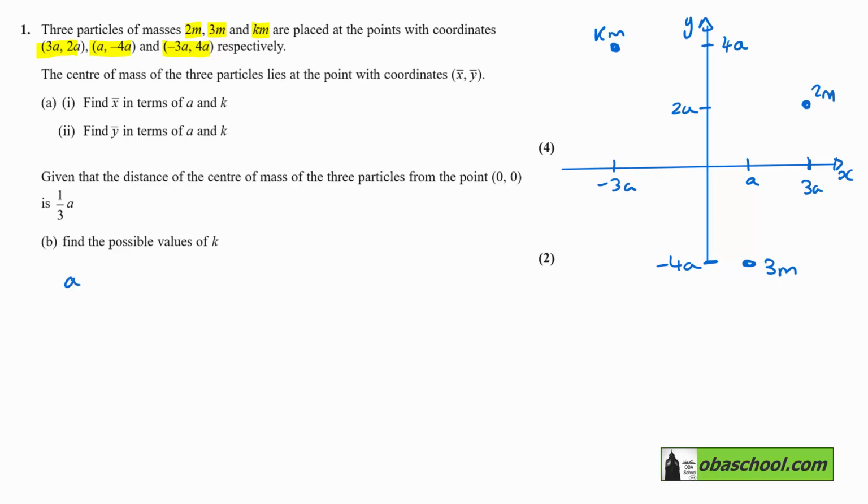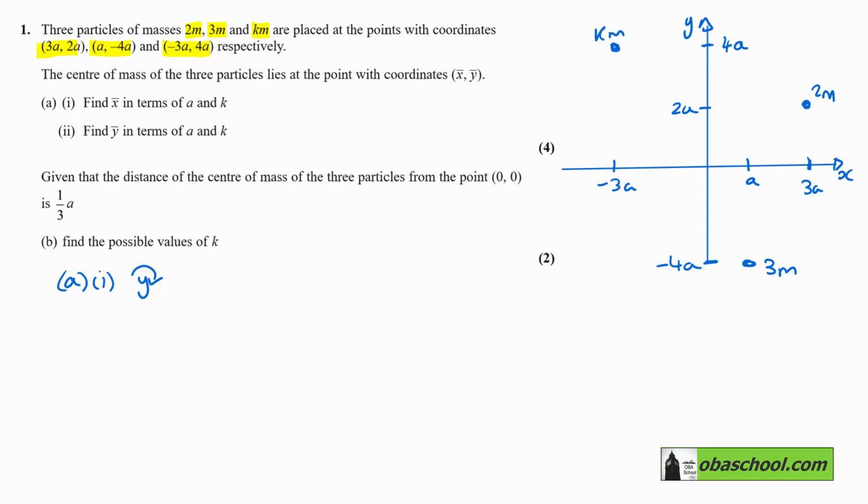So for A part 1, let's look at the 2m particle. What we're going to do is take moments around y. The 2m and 3m are both going to rotate in this direction around y, and the km will go the other way.